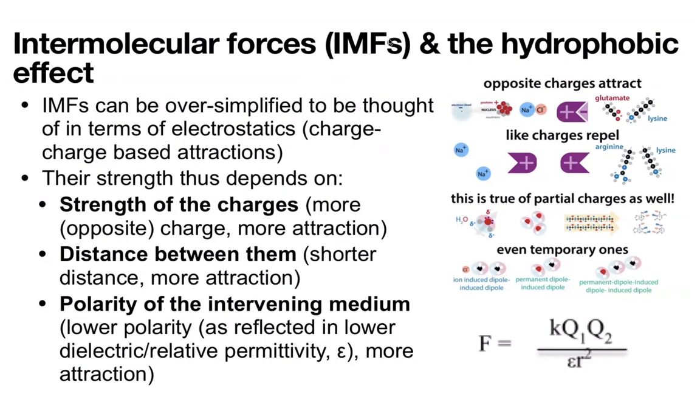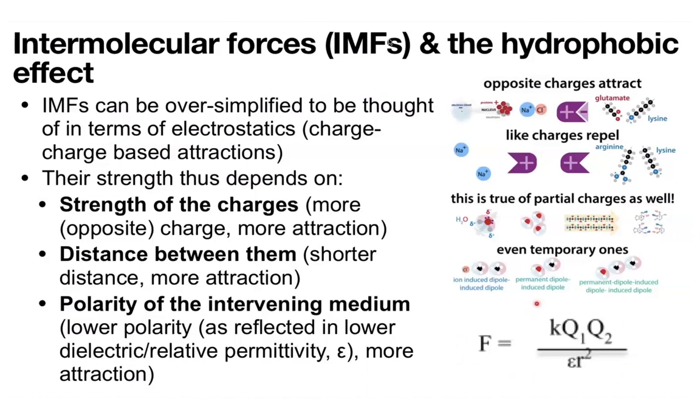Those could be permanent partial charges in the case of a molecule with a permanent dipole, or they can be temporary dipoles, temporary charges. No matter what the source of this charge, and we'll talk more about those various sources, we can think about them as being charge-based, and therefore we can think about them using Coulomb's law.